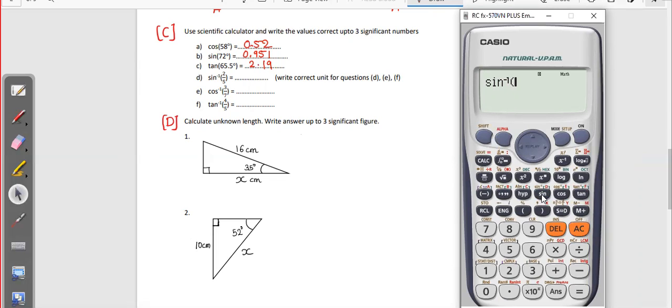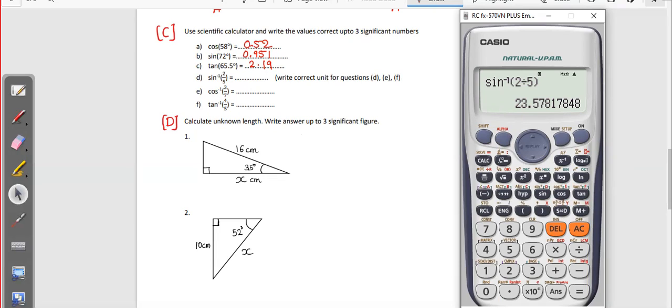Don't say it as sine negative 1 or sine power minus 1. We pronounce it as sine inverse of 1. Whenever we are solving sine inverse, cos inverse or tan inverse, that means we are actually finding the angle. Let us write the value 2 divided by 5, close the bracket, don't forget to close the bracket, and the answer we are getting is 23.578. But we will write this answer up to 1 decimal place as mentioned in the question here.